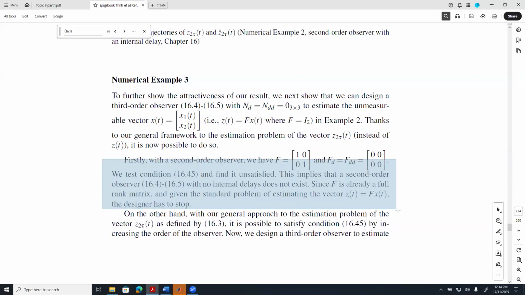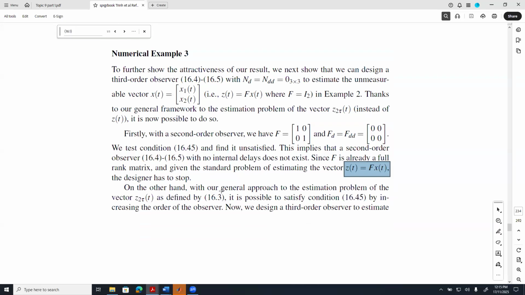Without looking at this generalized functional, if our objective is to design an observer without internal delays to estimate these variables, the standard functional observer to estimate this function does not work. So we have to stop there.